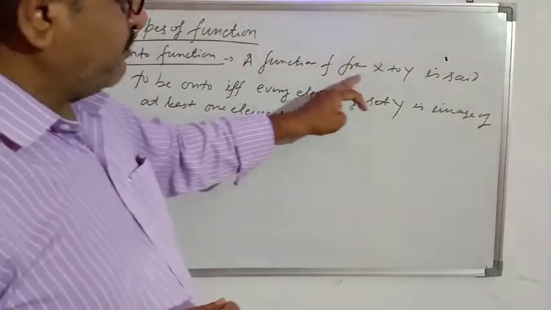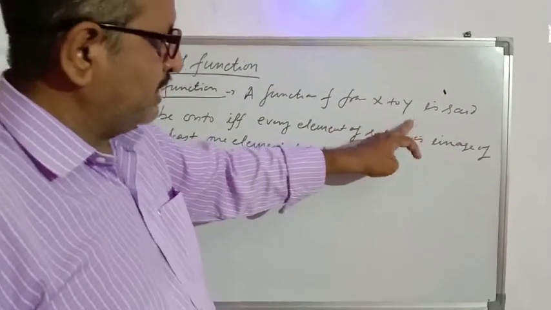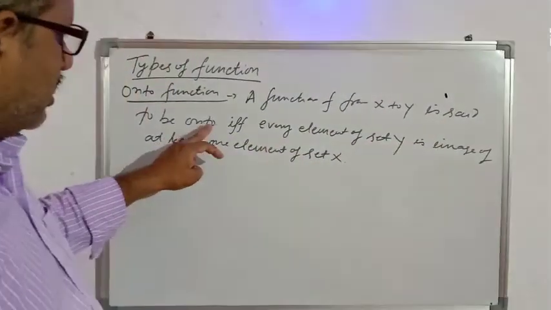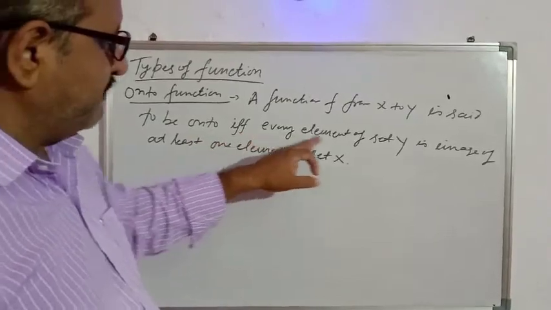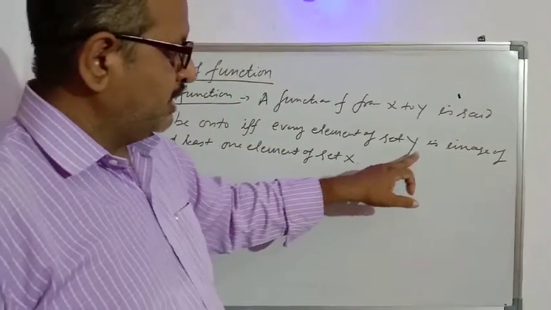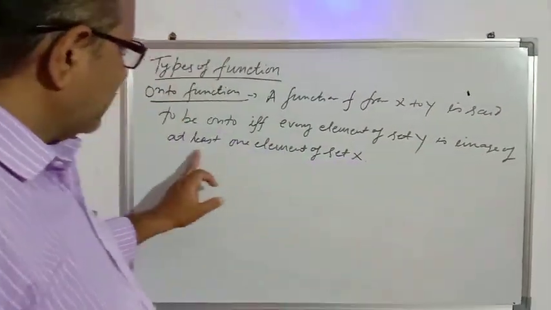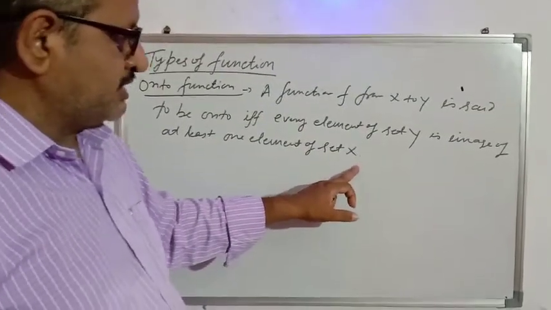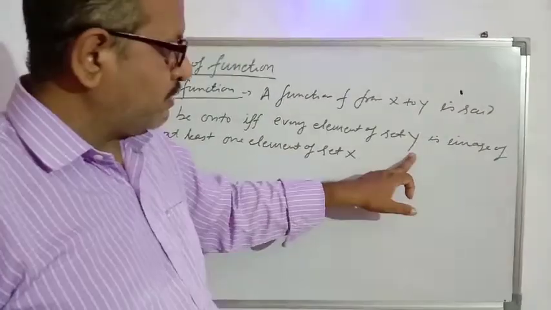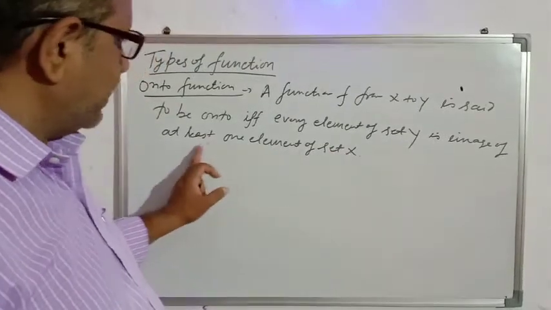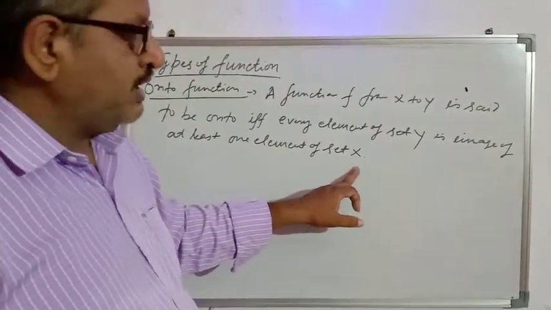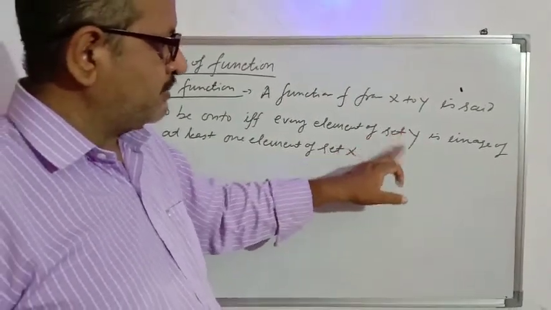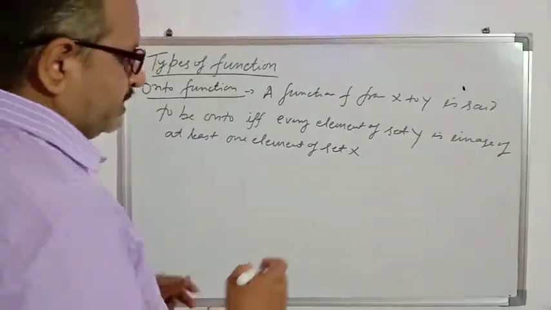A function f defined from X to Y is said to be an onto function if and only if every element of set Y is the image of at least one element of set X. Means every element of the codomain is the image of at least one element of the domain X. No element must be left in the codomain.